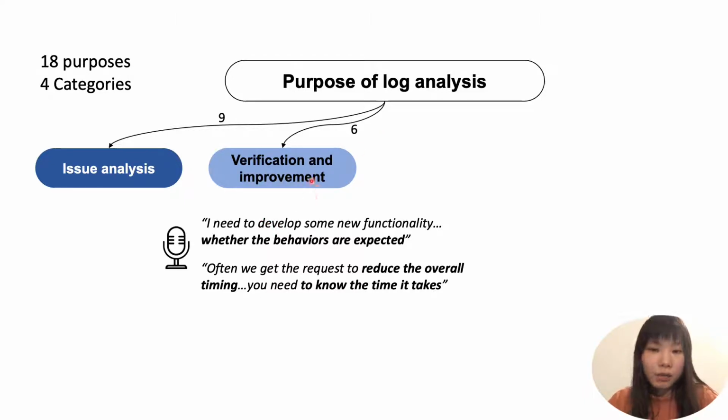For example, when a new functionality is implemented, developers need to check if the design has been implemented in the way they expected. And when a customer requests an improvement on system throughput, developers then need to extract the timing information from logs.